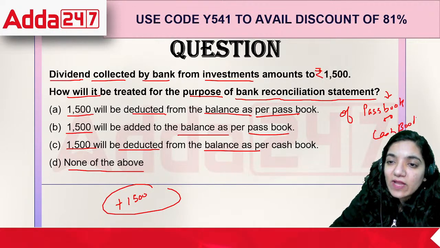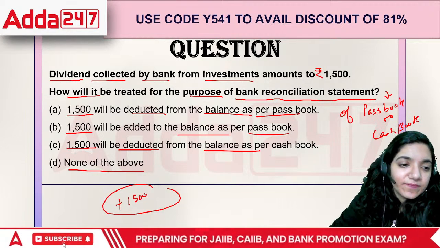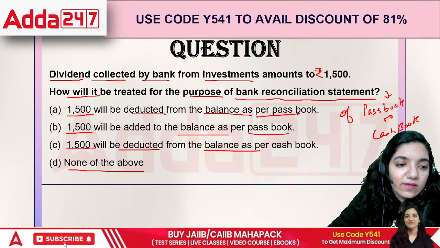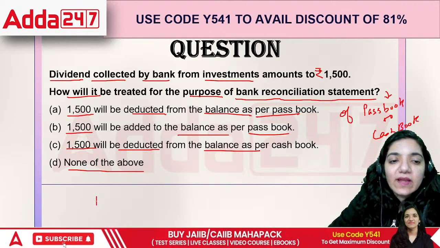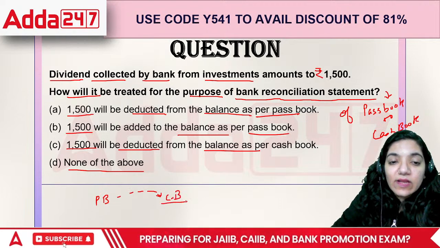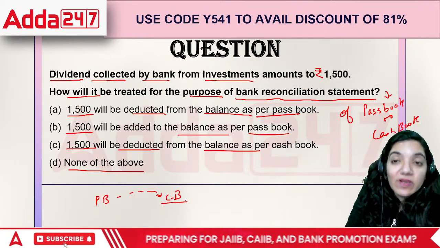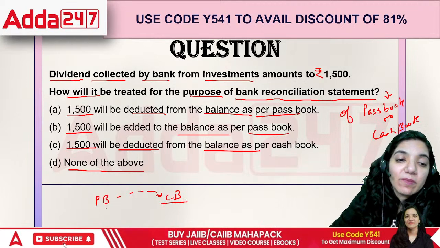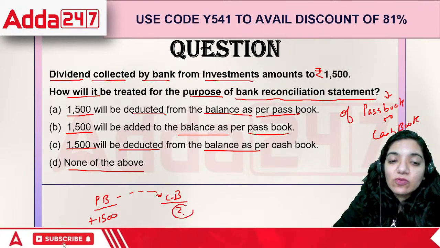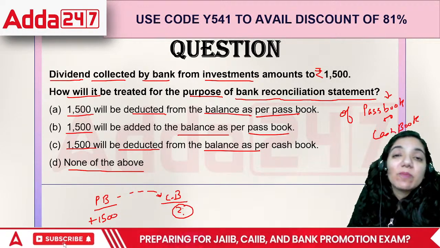This would bring more clarity. If we are at the passbook and we would like to reach wherever the cash book is, right? So if I want to reach the cash book, how will I deal with it? If the passbook says I have got 1500 rupees, and the cash book says no, I have no idea, what will the passbook do?